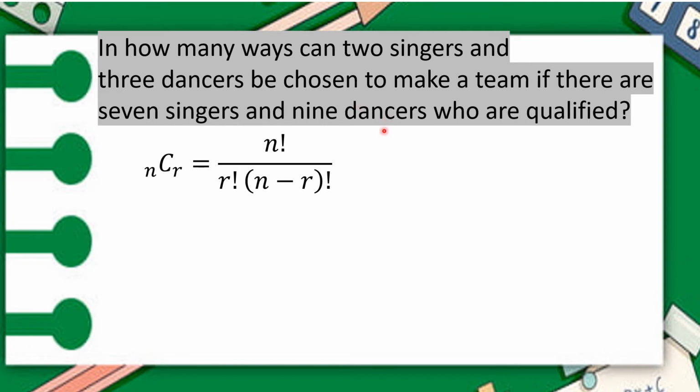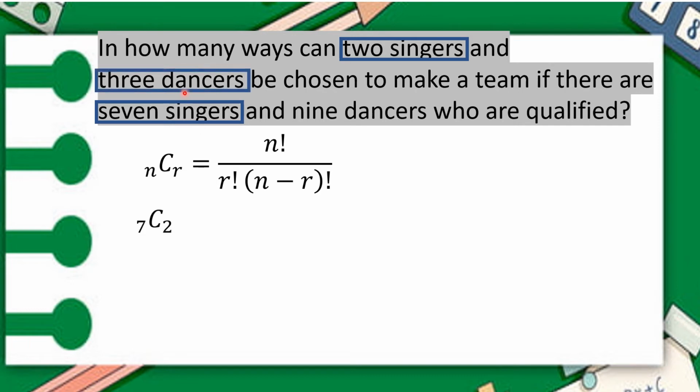Pero take note, parang dalawang combination ang gagamitin natin dito kasi we're going to choose 2 singers from 7 singers and then another combination is 3 dancers from 9 dancers. So, sa 2 singers and 7 singers, we're going to solve for 7 combination of 2. Sa 3 dancers from 9 dancers, we're going to solve for 9 combination of 3.